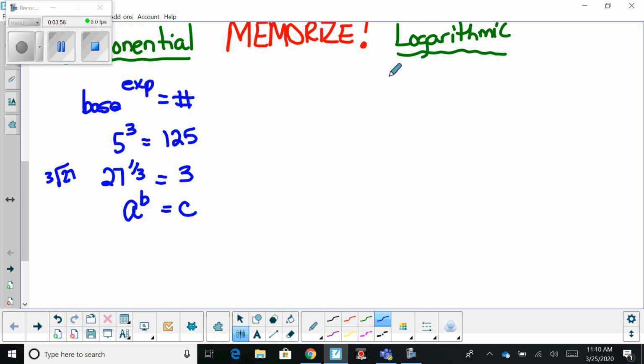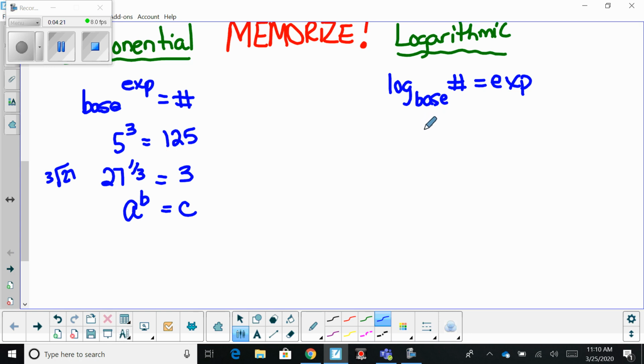Logarithmic form looks like the log of the base of the number equals the exponent. Log base number equals exponent. Just like your exponent up here is a superscript, a little bitty number up there to the right, your base right here is what we call a subscript.